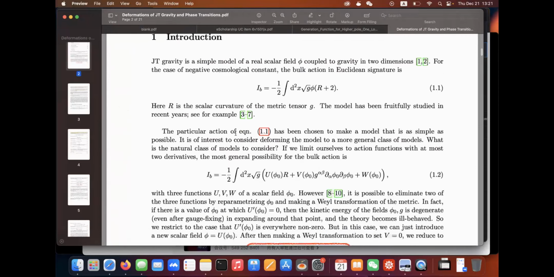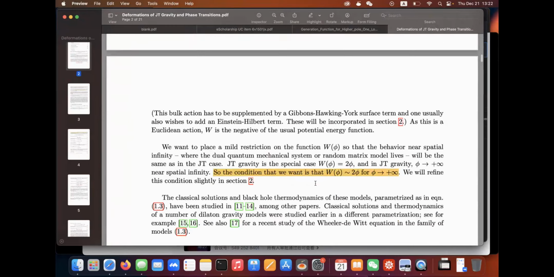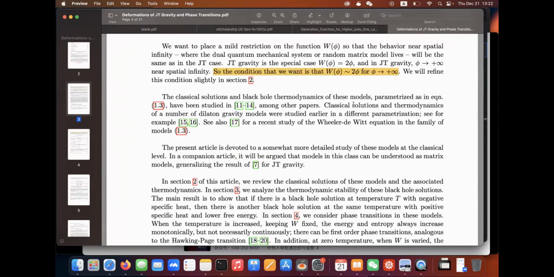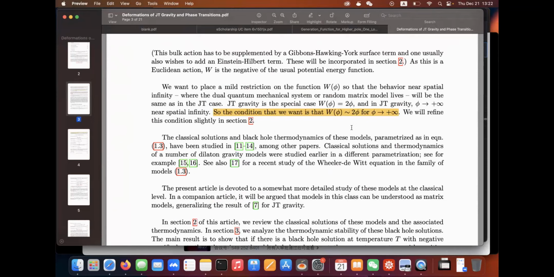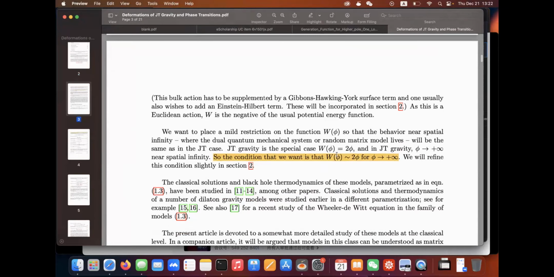But here we consider a general potential for the dilaton gravity. Then we also suppose some other constraint, which means that we impose the potential, sorry, the potential has the same asymptotic behavior as phi goes to infinity.